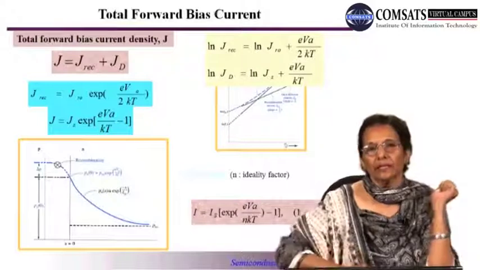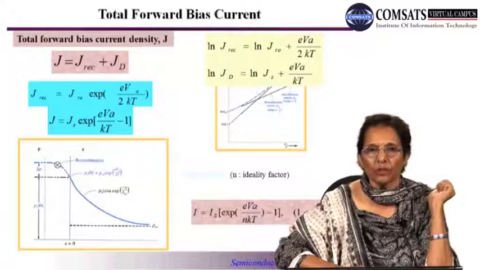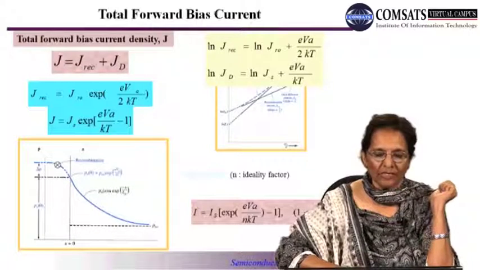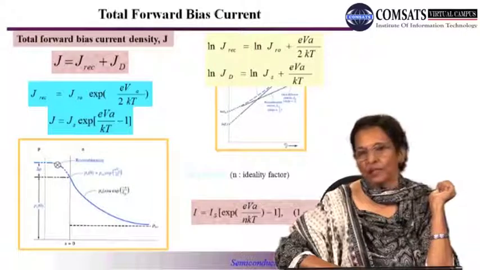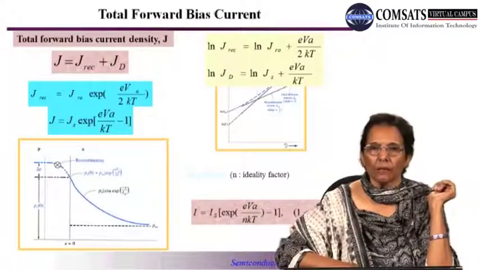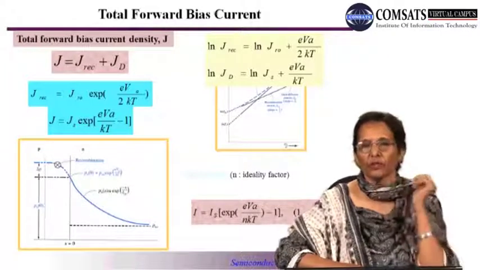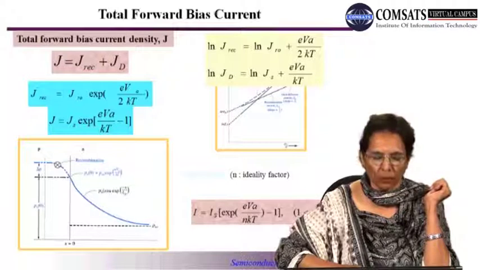Total, again under forward bias conditions, the total current density would be a numerical sum of the two current components, J recombination and J the diode current. Normal diode current जो कि आपकी फॉरवर्ड बायस में चलेगी, और जो रिकॉम्बिनेशन इंजेक्टेड माइनॉरिटी कैरियर्स की वजह से है, वो आपके दो करंट कंपोनेंट्स आ गए.